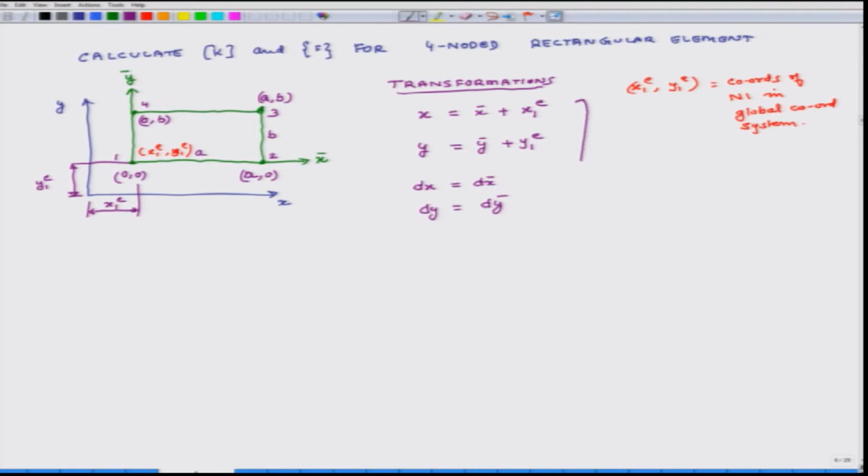So, these are the transformations, and using these transformations I can calculate values of the S matrix, the different S matrices. For instance, we had developed that S00 ij is equal to the integral of psi i psi j.